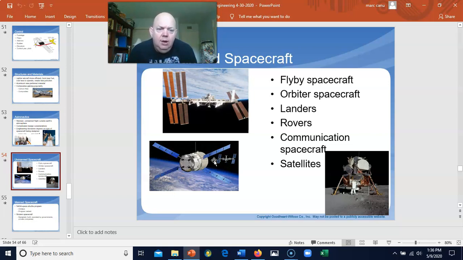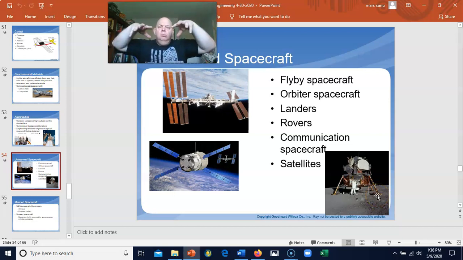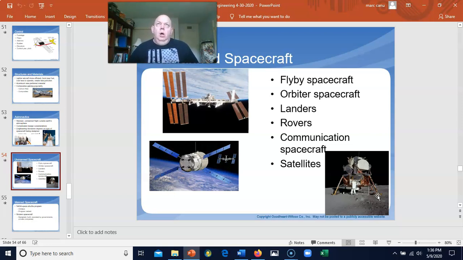Now, of course, other spacecraft, there's also the lunar module. And that's what it looked like. The idea about the lunar module, when they first set down on the moon, they were thinking that the lunar lander was going to sink about 12 inches because they thought that the surface of the moon would have so much dust.